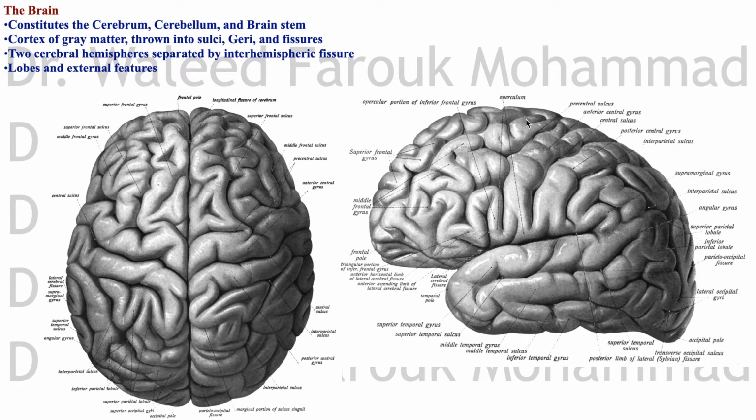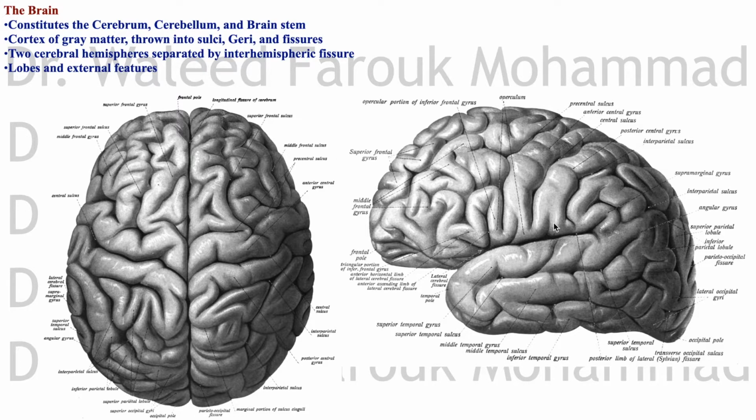Superior, middle, and inferior frontal gyri, with two sulci in between, the superior and inferior frontal sulci. But of course, I told you before that these are interrupted sulci and gyri. Superior frontal, middle frontal, and inferior frontal gyri, and the precentral gyrus. Now, in the parietal lobe, this is the postcentral gyrus.